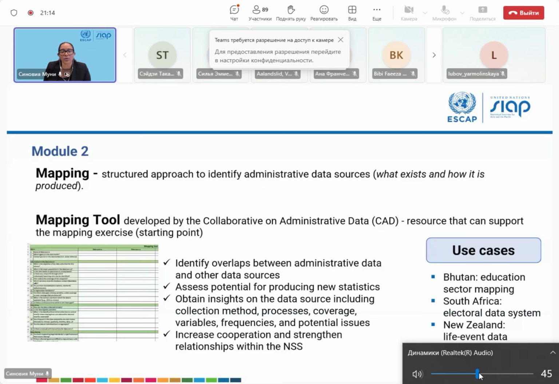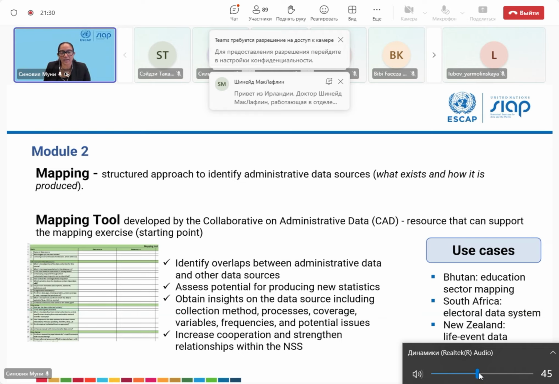But in addition to that, we also have some practical applications in cases such as Bhutan for mapping education data, in South Africa for electoral systems, and New Zealand live event data.